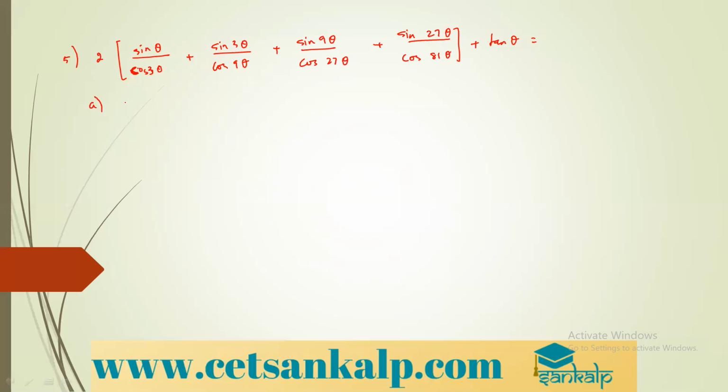The options are A, tan 27 theta; B, tan 81 theta; C, tan 9 theta; and D, none of these.